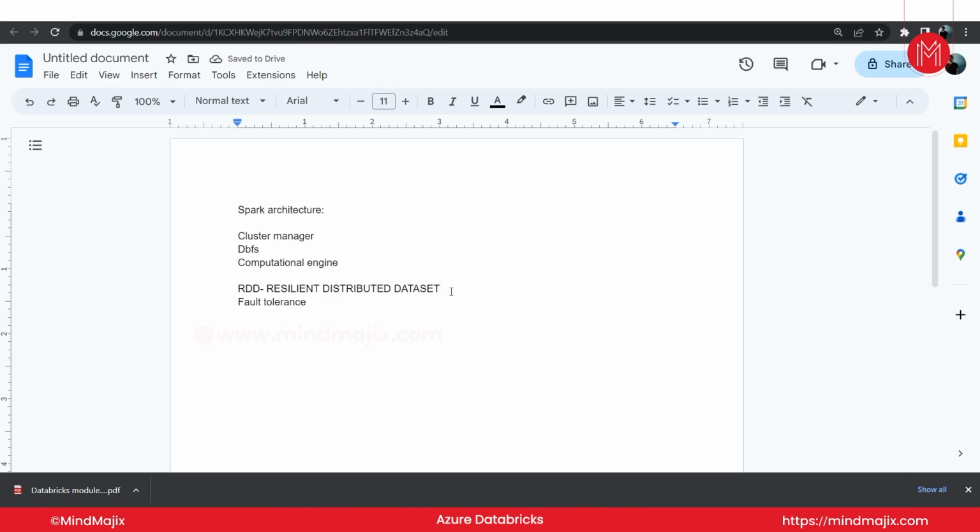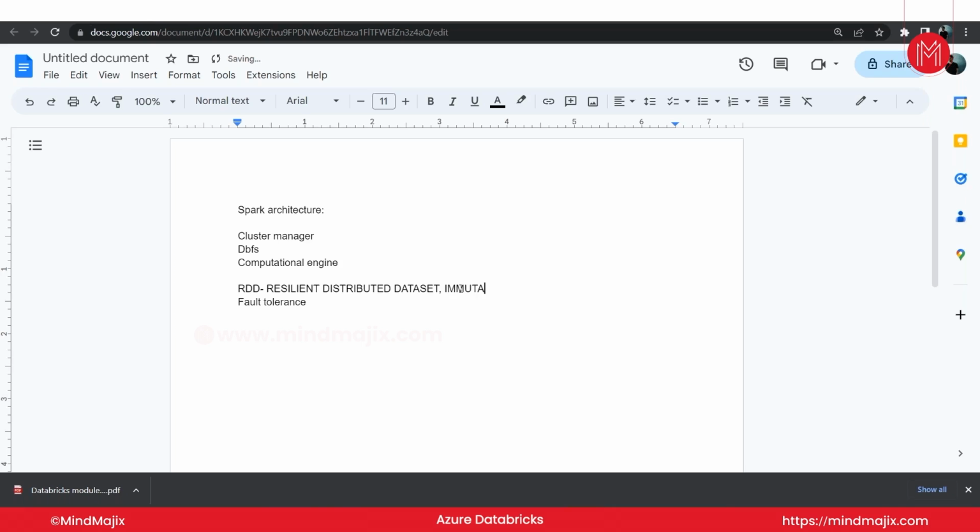If we have a huge dataset, it can be divided into multiple sets and sent across multiple nodes. Each node can provide the output and then send it back. This is also immutable and fault tolerant.